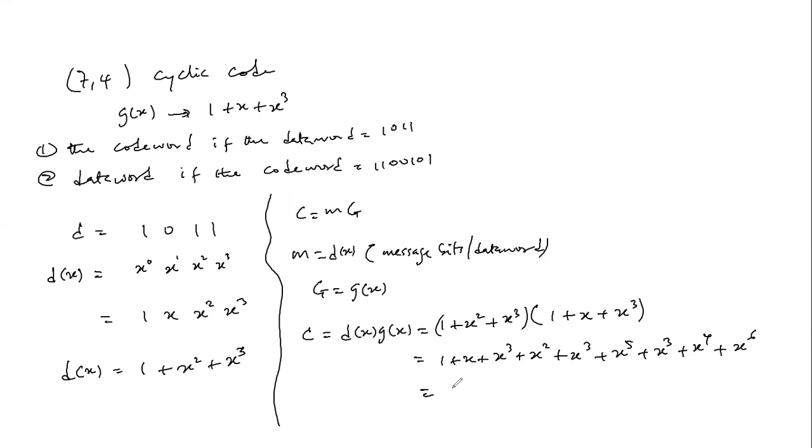That will be 1 plus x squared plus x cubed plus x cubed plus x cubed plus x to the power 4 plus x to the power 5 plus x to the power 6. Now we apply modulo 2 addition. So all of these are modulo 2 additions.